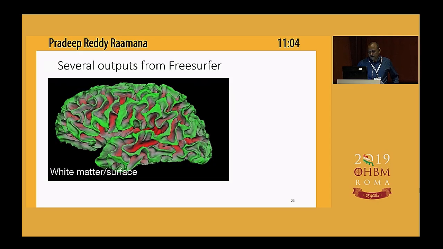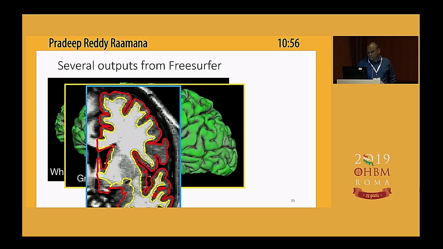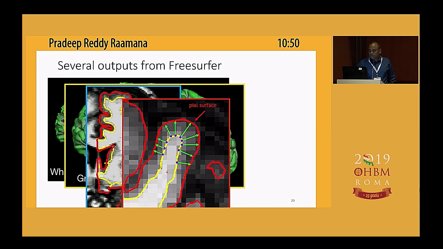So to give you more intuition, these are the typical outputs from FreeSurfer. This is the white matter surface, the gray matter surface. This is how they appear in a particular cross-section overlaid on the T1 weighted MRI. And most often people are interested in the accuracy of the cortical thickness estimates that are provided from this parcellation, because this is a great biomarker candidate for a lot of different diseases.